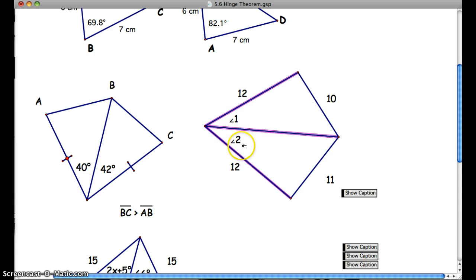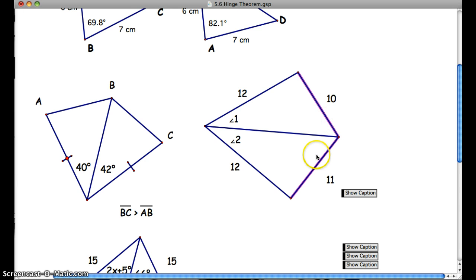But now I have two unknown angle measures. I don't know what the measure of angle 1 is. I don't know what the measure of angle 2 is. If that's the case, I need to at least know the third side. So now I know that this side and this side are not congruent, making these triangles not congruent. Otherwise, if they were the same, they would be two congruent triangles using the SSS theorem.